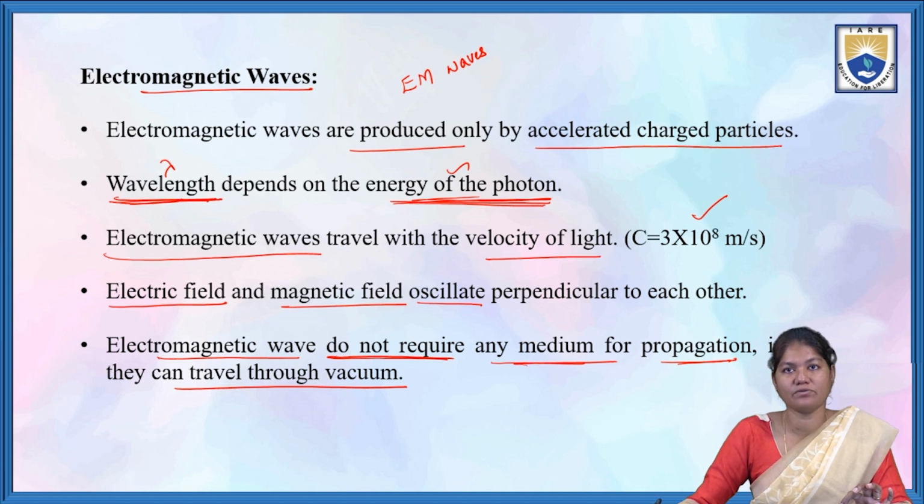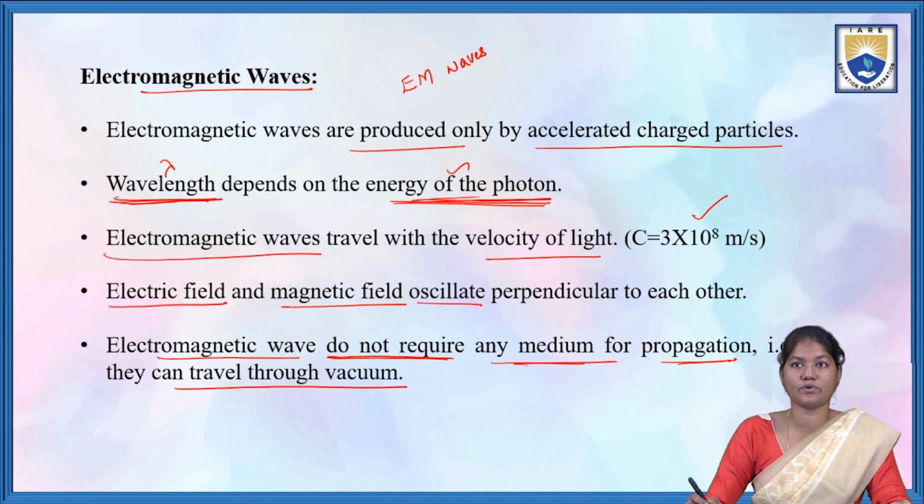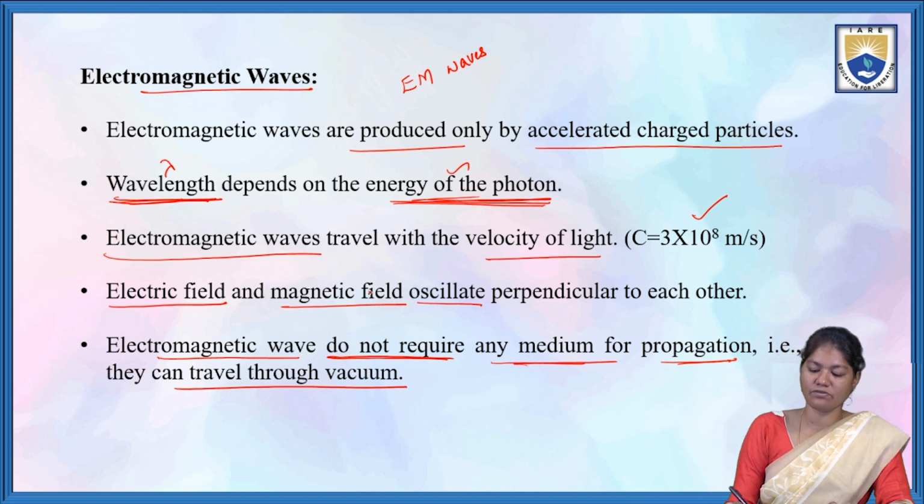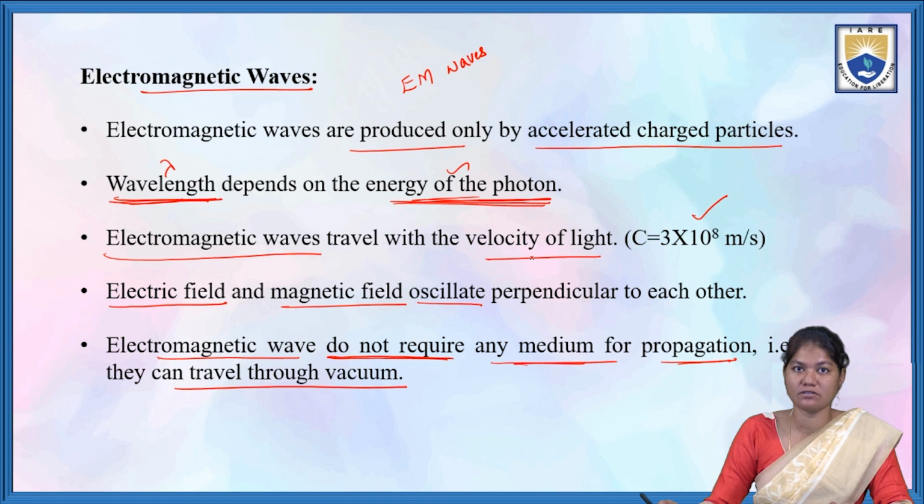Electromagnetic waves are produced only by accelerated charged particles. Electromagnetic wavelength depends on the energy of the photon. Electromagnetic waves travel with the velocity of light, c equals 3 times 10 to the power 8 meters per second.